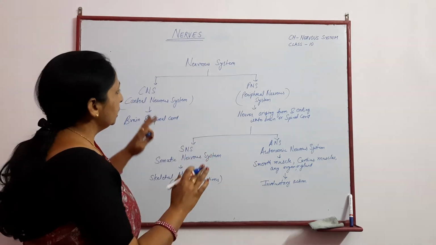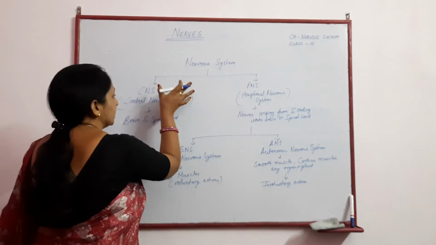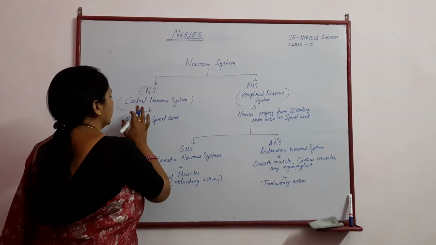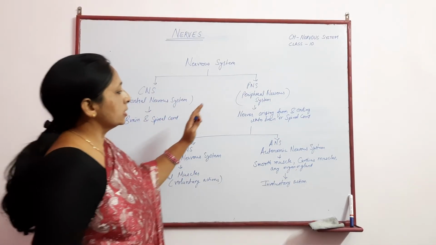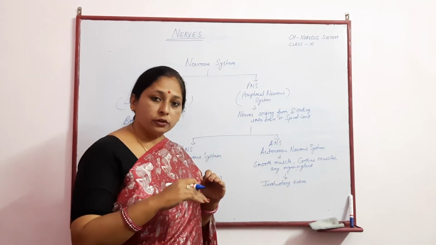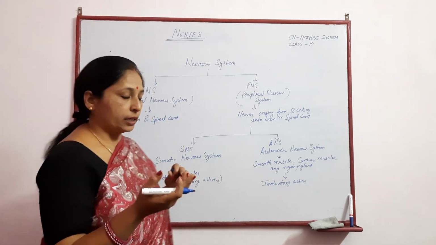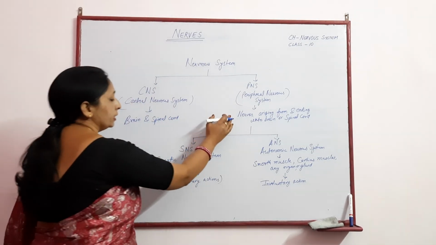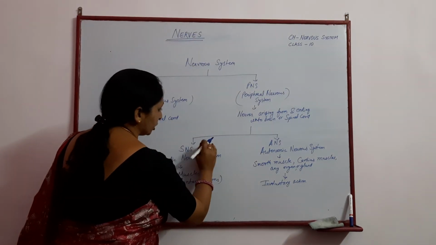I am repeating, the nervous system is divided into two parts: the central nervous system, which comprises the brain and spinal cord; and the peripheral nervous system, which comprises all the nerves arising from and ending in the brain or spinal cord. The peripheral nervous system is again divided into two sections.